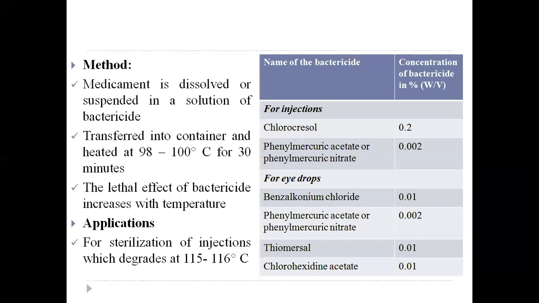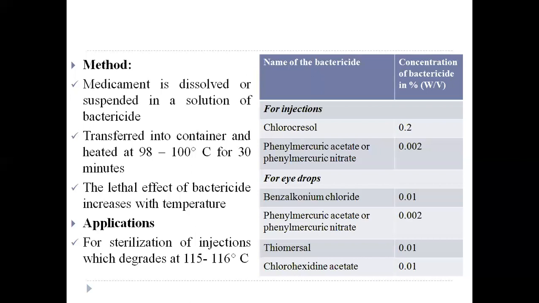Otherwise, this is not that much used. Generally, the moist heat sterilization technique is preferred over this method. When we cannot follow the moist heat sterilization technique, then only are we going to follow this method.